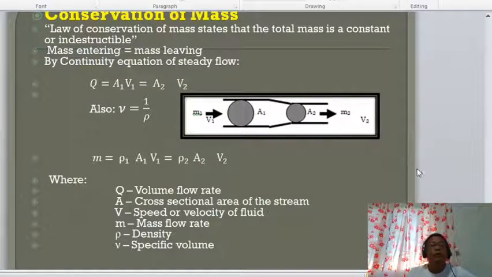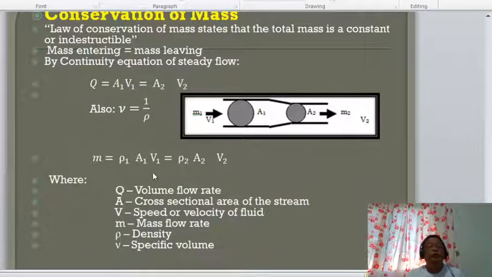Another topic: the conservation of mass. The law of conservation of mass states that the total mass is constant, or indestructible. So at any point along the stream in this figure, the mass is considered constant.